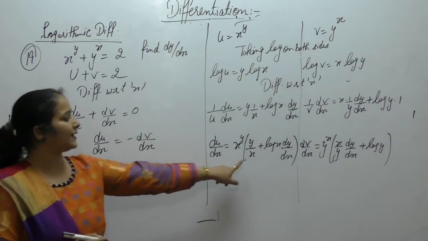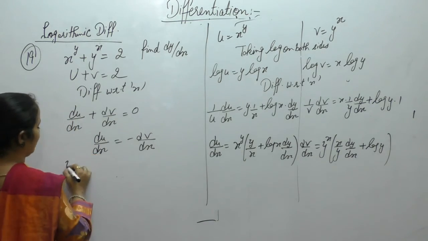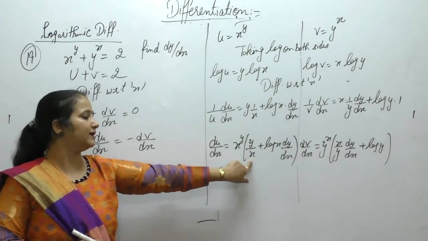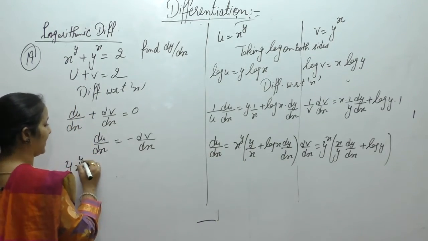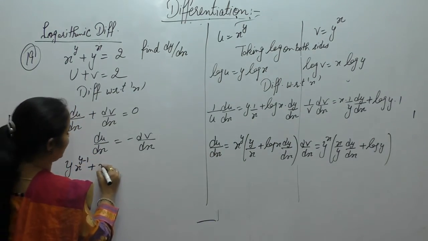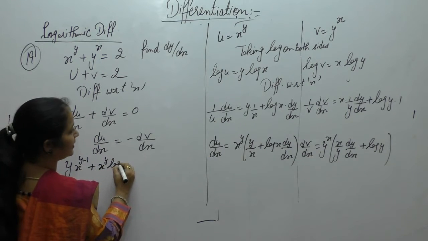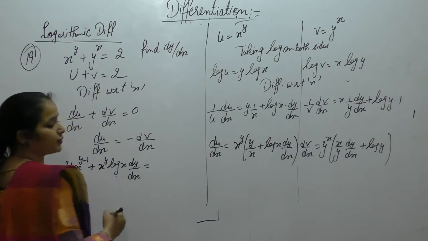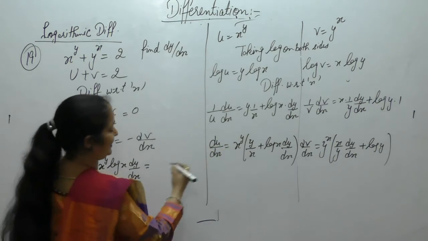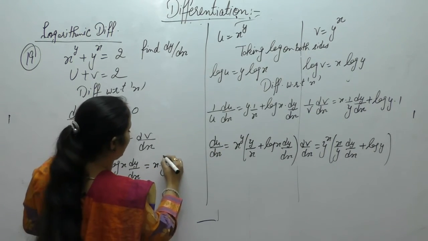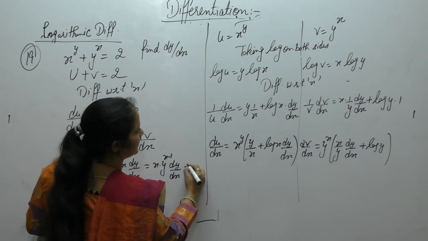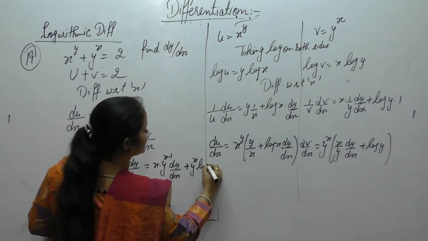So we can write du by dx as y into x power y minus 1 plus x power y log of x dy by dx, because we want the value of dy by dx, equals minus x into y power x minus 1 dy by dx plus y power x log of y.